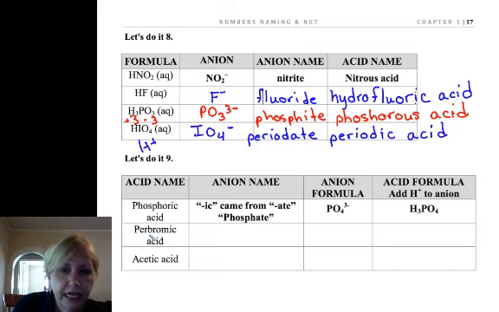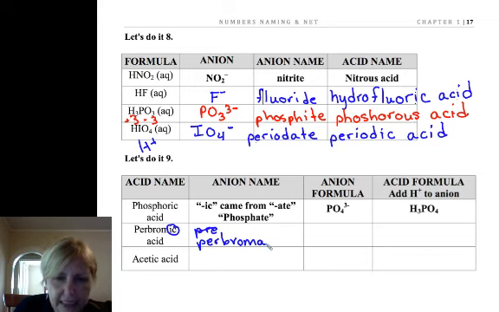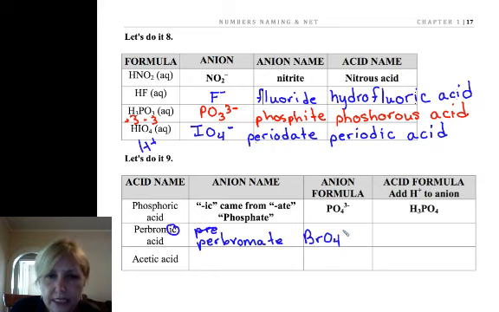Now let's go from name to formula. So we have perbromic. Remember, ic came from ate. So this must have been perbromate. If you don't know your polyatomic ions, we've got some problems. So perbromate is BrO4 minus.